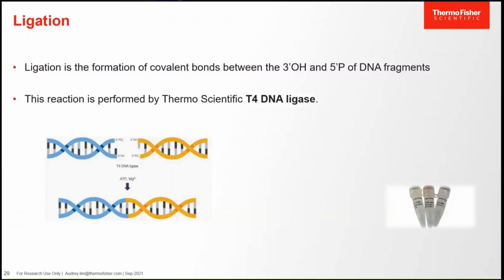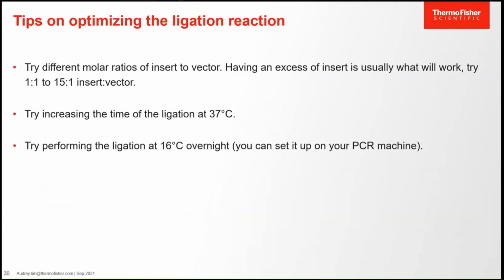Ligation is actually the formation of covalent bonds between the 3' hydroxyl group and the 5' phosphate of the two DNA fragments, so it fuses the two fragments together. This reaction is catalyzed by Thermo Scientific T4 DNA ligase.